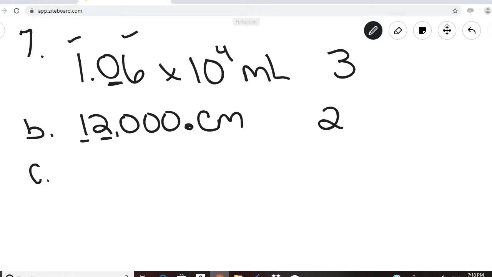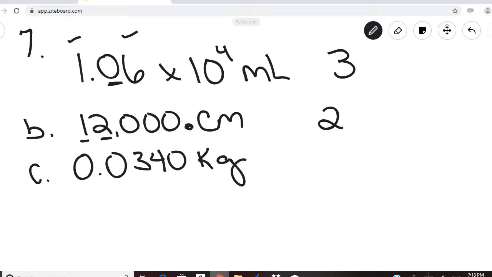Okay, then for C, we have 0.0340 kilograms. So we'll start first of all with the non-zero numbers. So there are 2 significant figures. And then we know a 0 is significant if it's to the right of the decimal place and at the end of the number.